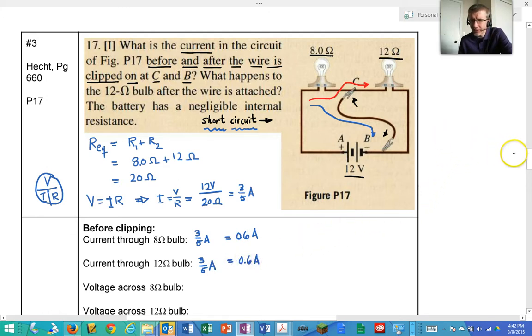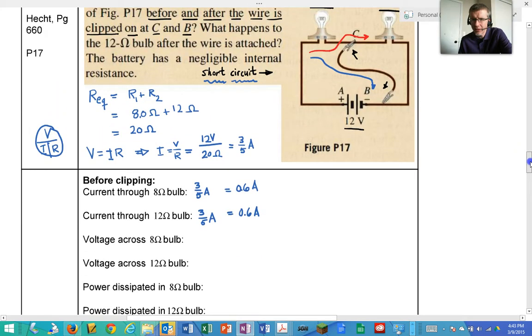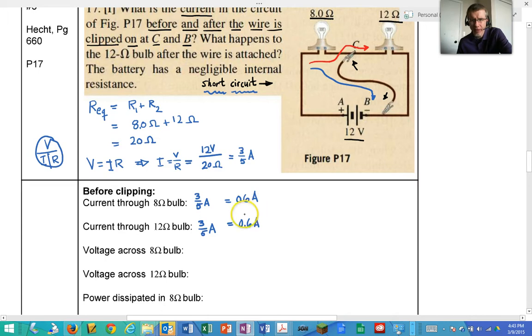Then the voltage across the 8 ohm resistor would be voltage equals current times resistance, I times R. So that would be 0.6 amps times 8.0 ohms, or 4.8 volts.